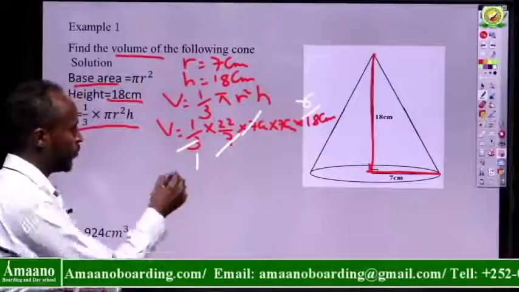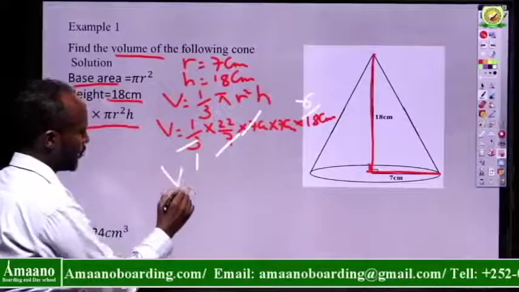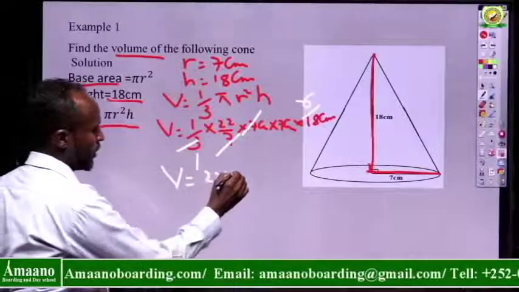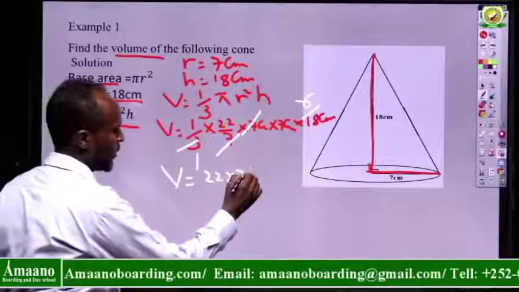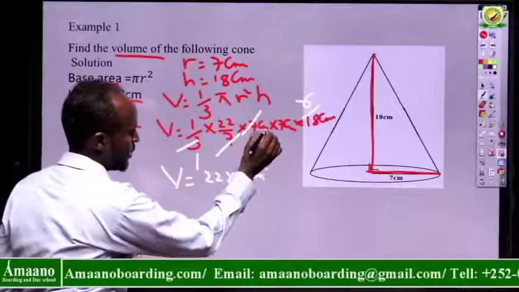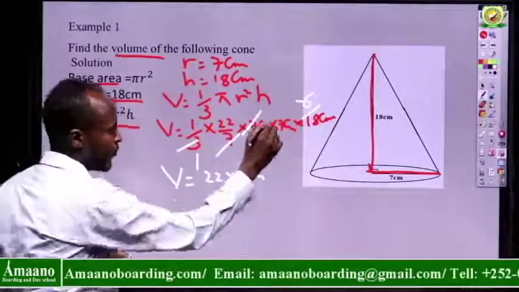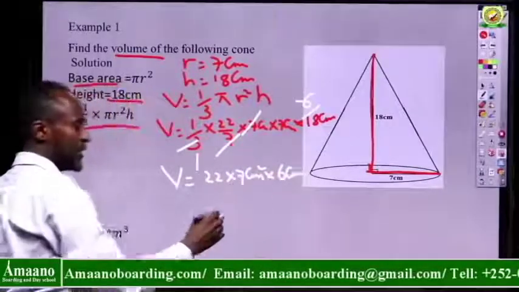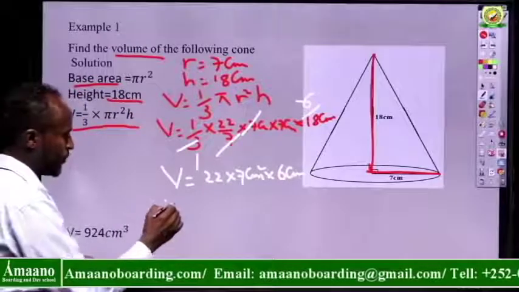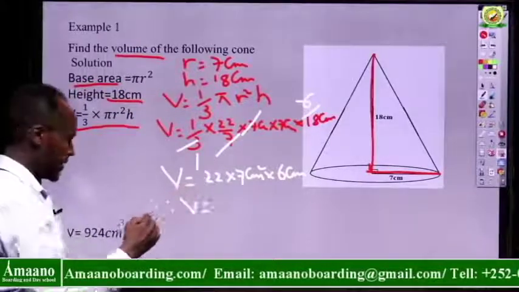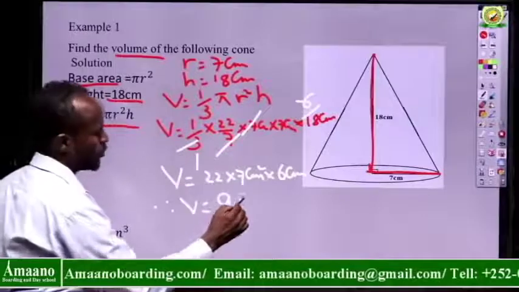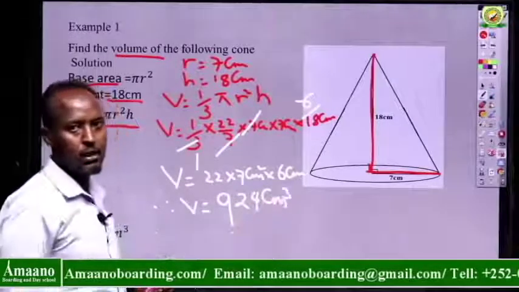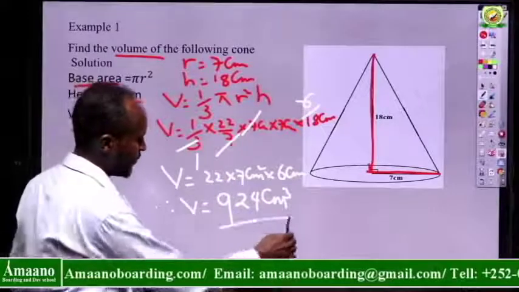Here we are left with 1 times 2, which is 2, times 7 centimeters square. That square comes from centimeters times centimeters. From the 18, we have 6 centimeters. If we multiply these 3 numbers, we have the volume of the cone as 924 centimeter cubic.